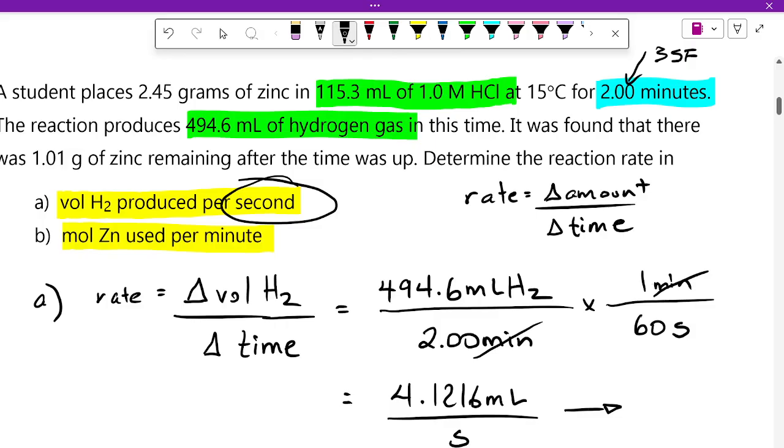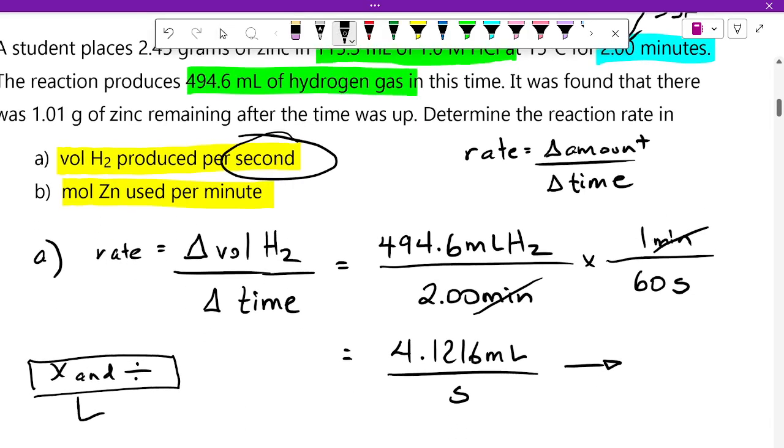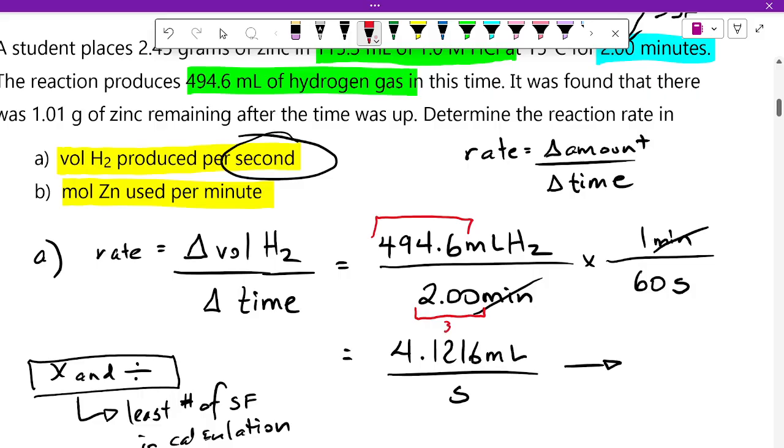And if you're trying to remember your sig fig rules for multiplication and division, you go to the least number of sig figs in the calculation. So you have 4 sig figs and you have 3 sig figs.